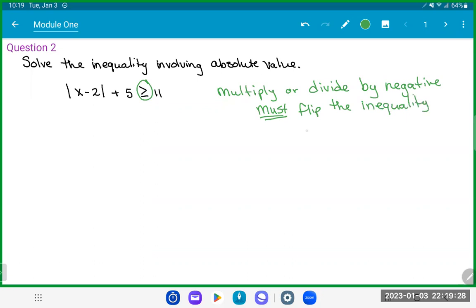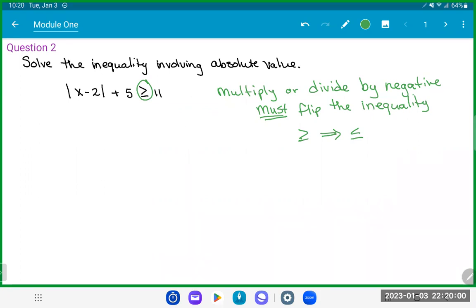That means my greater than or equal to becomes less than or equal to, or vice versa. That is if I divided or multiplied by a negative number. We don't run into that in this problem, but I wanted to highlight it because there will be problems in this problem set that this rule impacts.